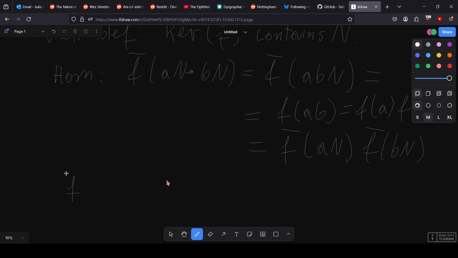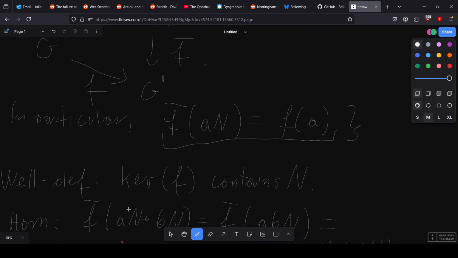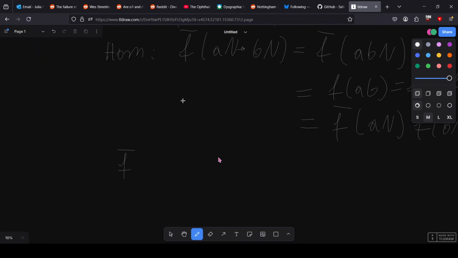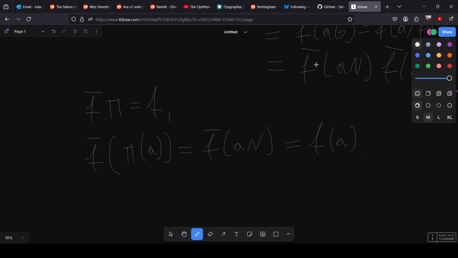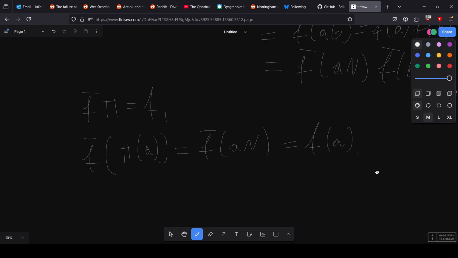Since we want f bar pi equal to f, we need that f bar of pi of some element a, which is f bar of Na, to be exactly equal to f of a. And this immediately gives uniqueness, because this is the exact definition of our map.